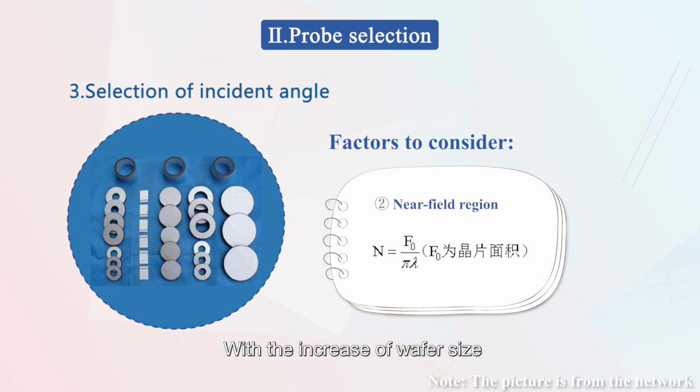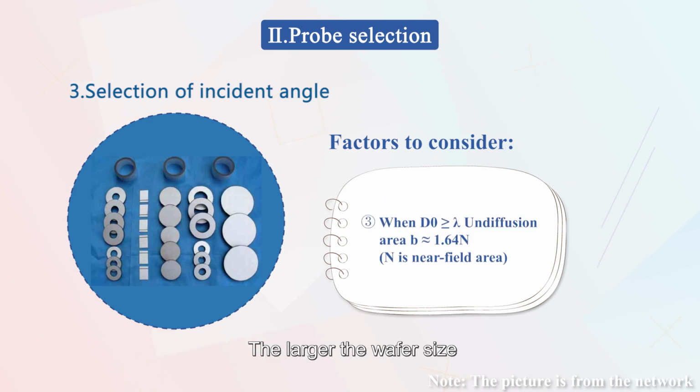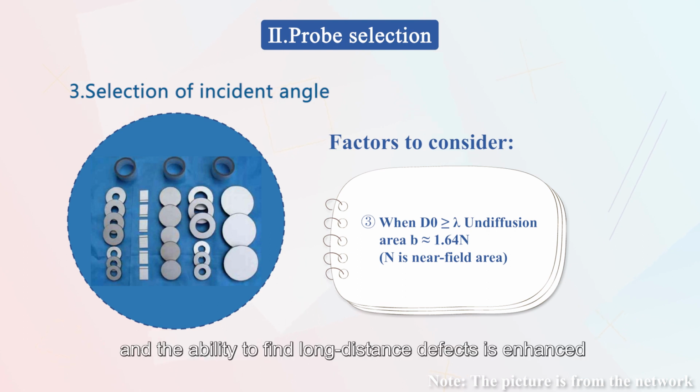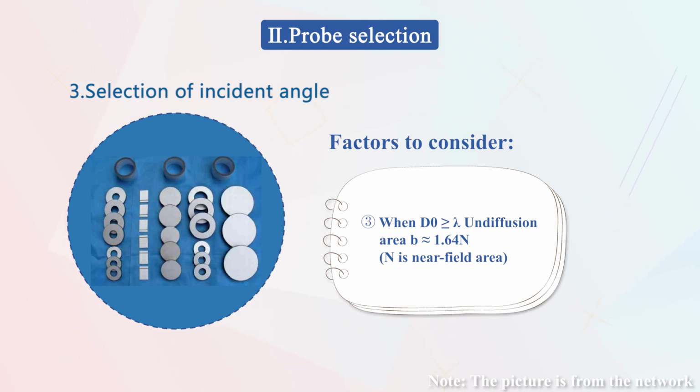With the increase of wafer size, the length of the near-field region increases, which is unfavorable to flaw detection. The larger the wafer size, the stronger the ultrasonic radiation energy, the wider the scanning range of the probe's non-diffusion area, and the ability to find long-distance defects is enhanced.